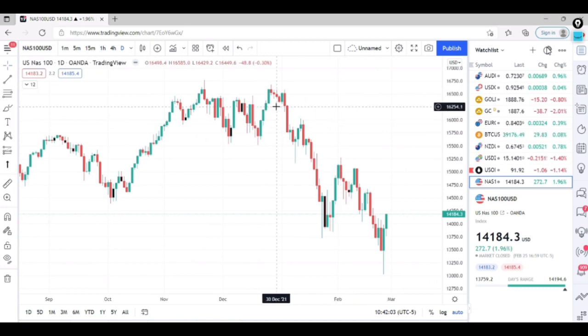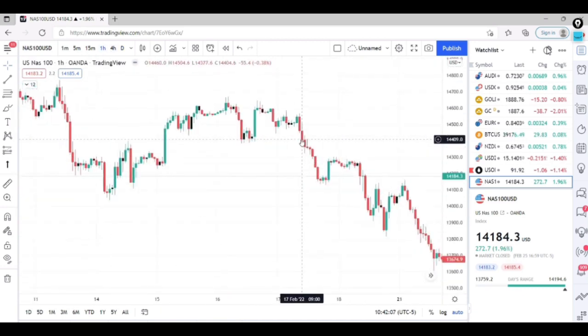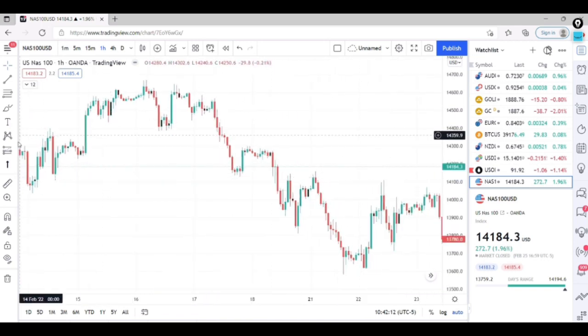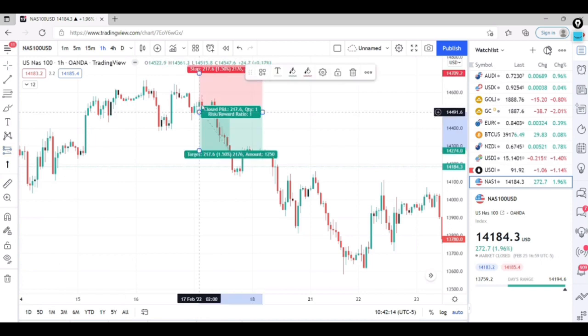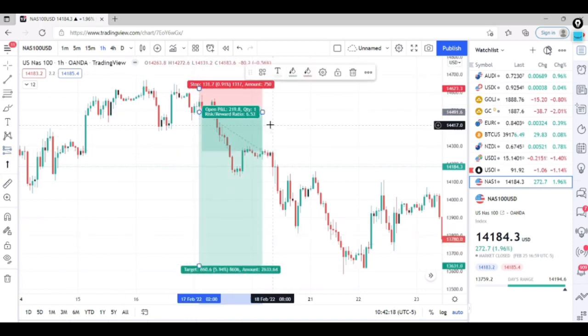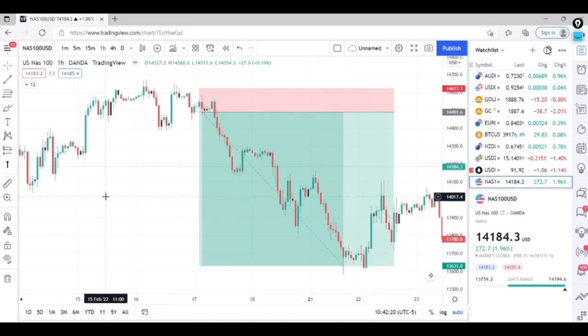Then you can say, all right, let me go to the 1 hour and take a trade right here. This trade can last for maybe a couple of days, 3 days, 4 days, and so on. So that is a swing trader.